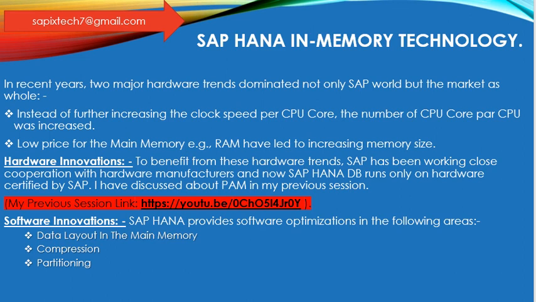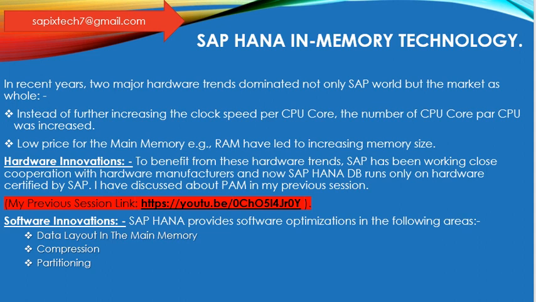You have seen in my previous session how column store stores data in main memory, but that is not the actual data which SAP HANA saves in main memory. It gets converted. So I'll show you by what logic SAP transforms this data into a different code, and then it stores in a column.